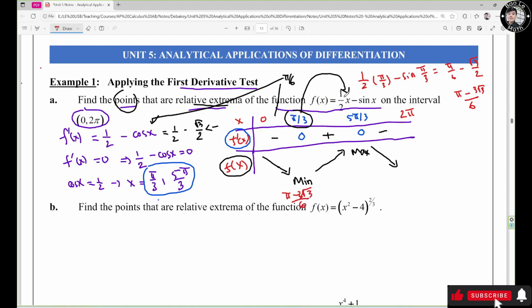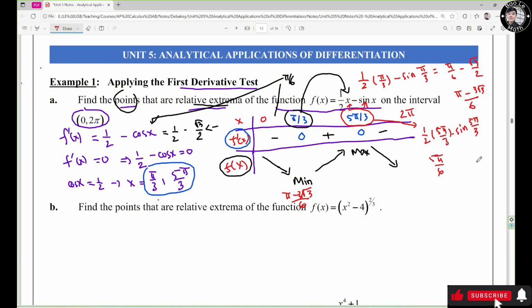Now similarly, I need to substitute 5 pi over 3 for s into the function f of s right here. So I have 1/2 times 5 pi over 3 minus sine of 5 pi over 3. It turns out to be 5 pi over 6.